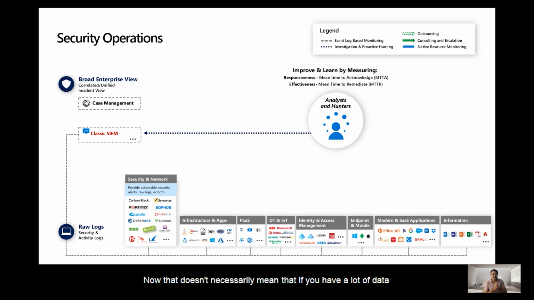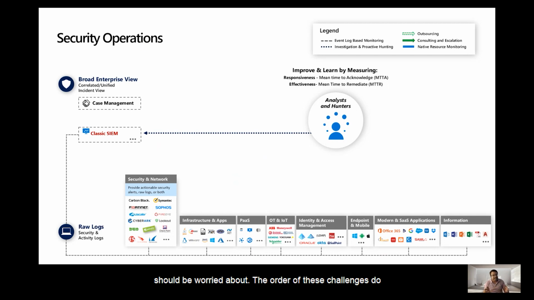Now, that doesn't necessarily mean that if you have a lot of data, we equally have the right kind of insights, because once we have the data, fundamentally figuring out how to make use of it, how do we really understand what exactly is an irregular pattern in a particular application, understanding how exactly an application is used, what exactly is an anomaly, how things happening across different vectors or solutions are resulting into something you should be worried about.